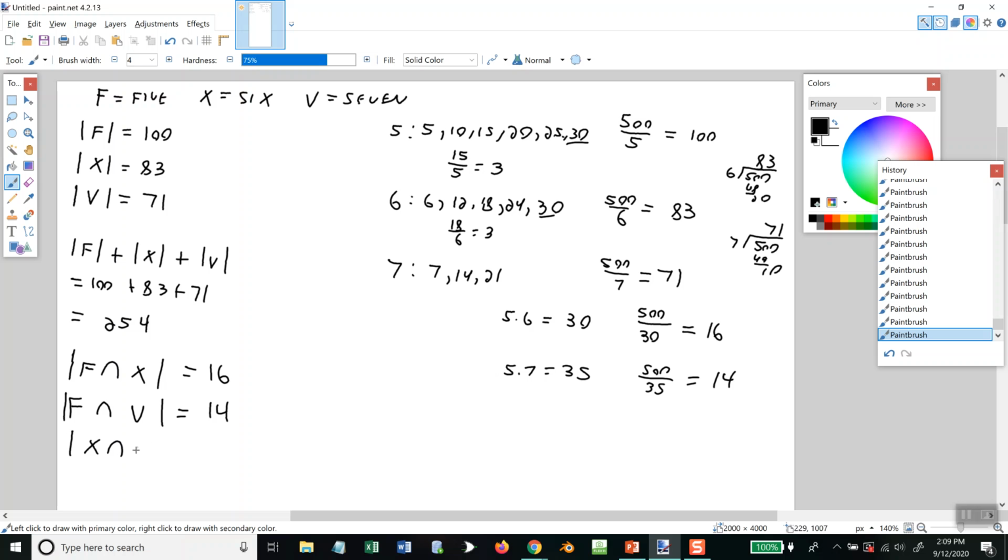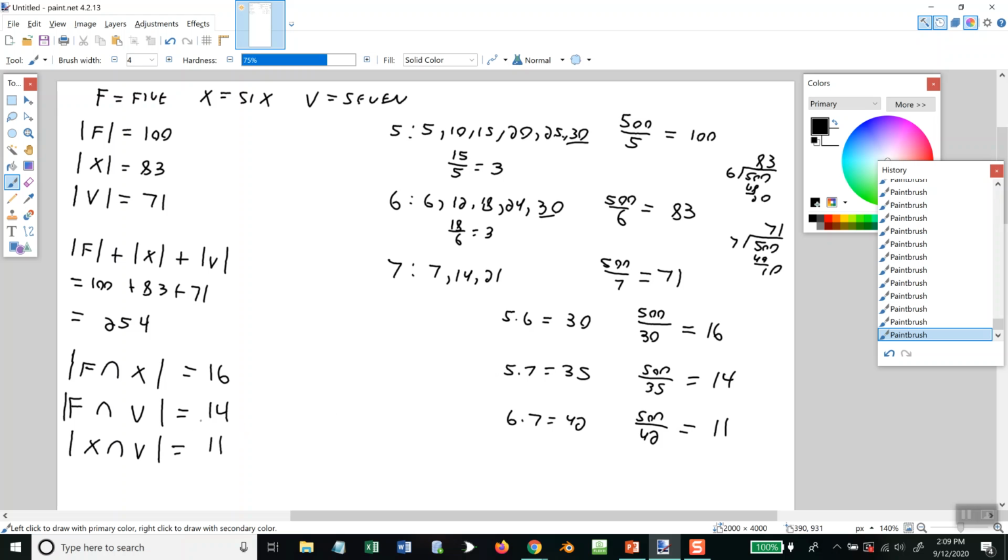X and V. X is 6, V is 7, so 6 times 7 is 42. And 500 divided by 42 is 11.9, so I'll go to 11.